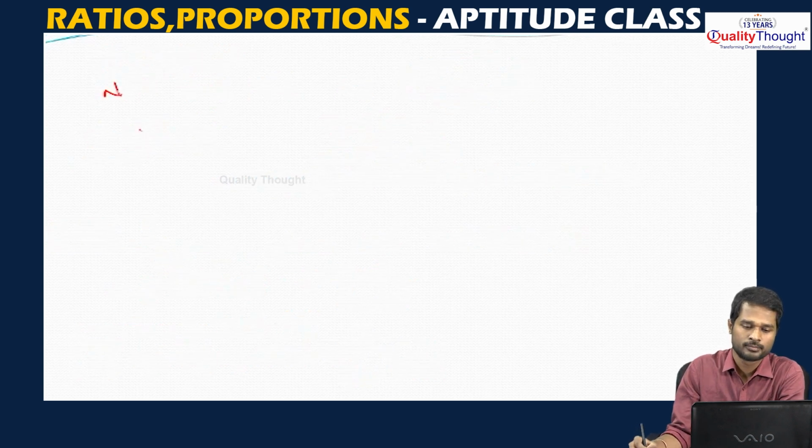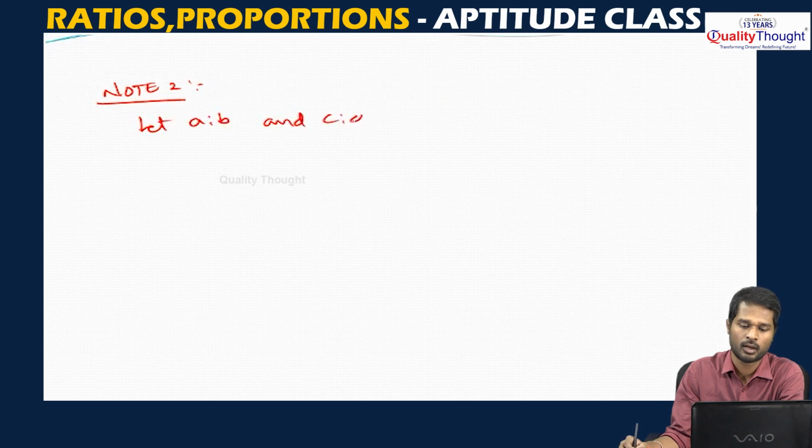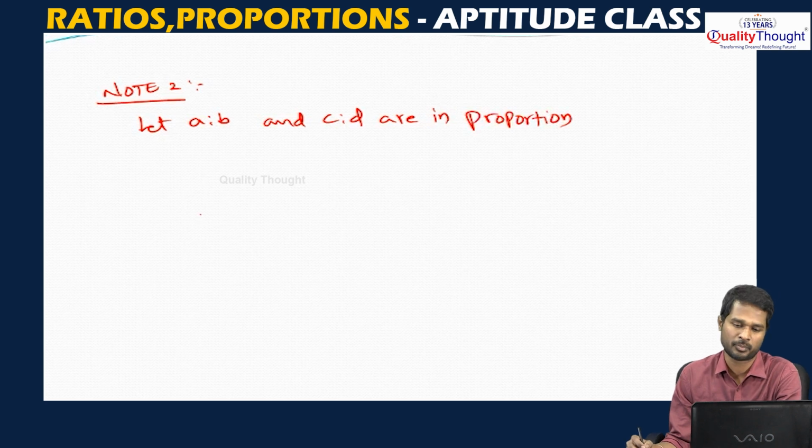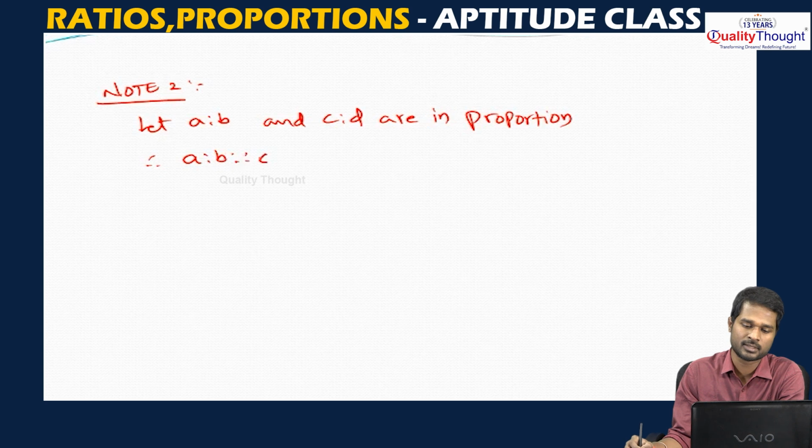Let us see note 2. Let A is to B and C is to D be in proportion. Then we can write A is to B equals C is to D. So, here A, B, C, D are four different variables.